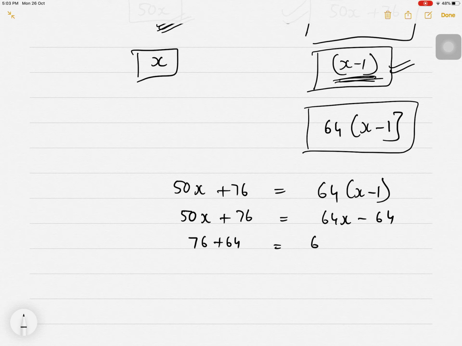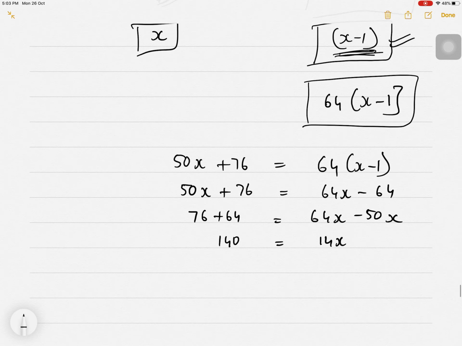So this becomes 76 plus 64 is equal to 64x minus 50x. So 64x minus 50x comes to 14x, and 76 plus 64 is 140.